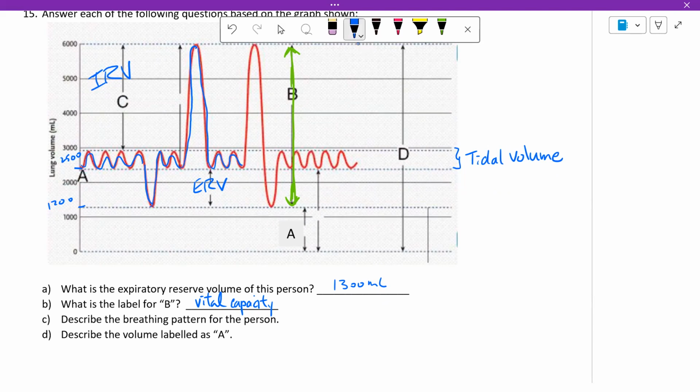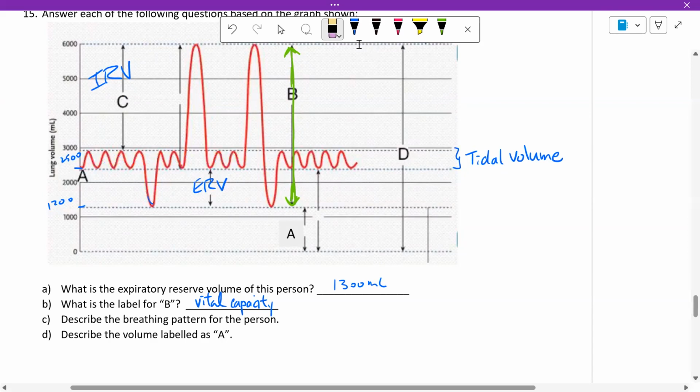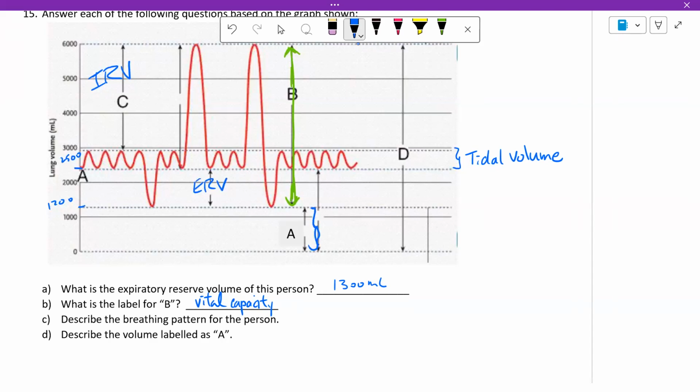And then inhale as much as you can again, and then exhale all the way until you cannot exhale anymore, and then back to regular breathing. Okay, hopefully that was straightforward. Describe the volume labeled as A. What is this thing? Anybody remember?